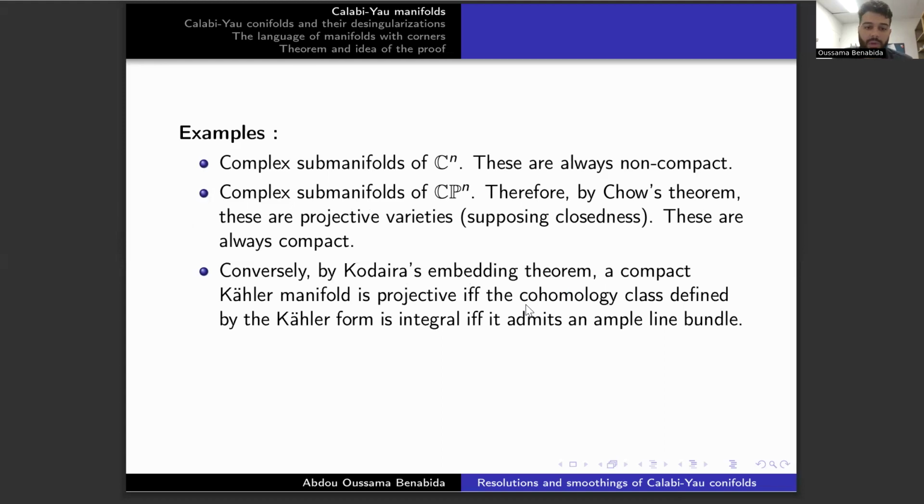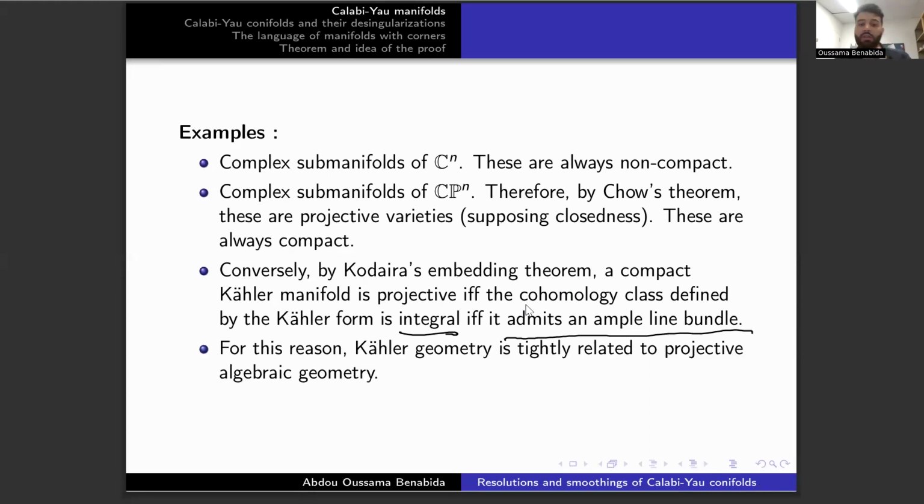Remember that the Kähler form is a closed two-differential form, so it defines a cohomology class. And if this cohomology class is integral, then the Kähler manifold can be embedded into CP^n, and therefore it is a projective variety by Chow's theorem. And if and only if it admits an ample line bundle. This is a notion of positivity of line bundles. This is also an equivalent condition for being projective.